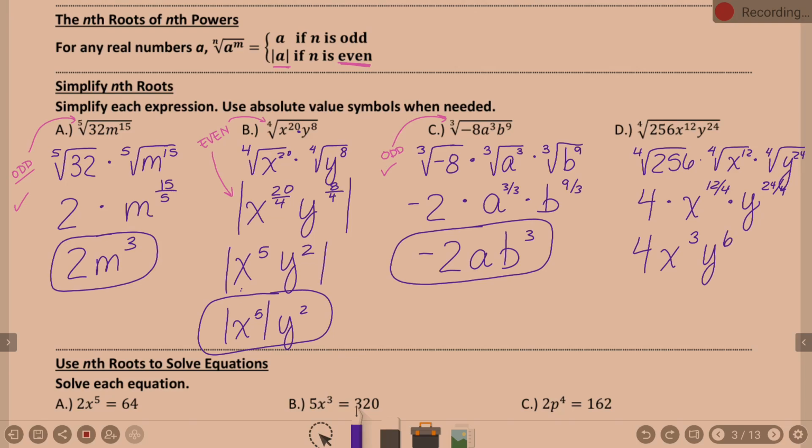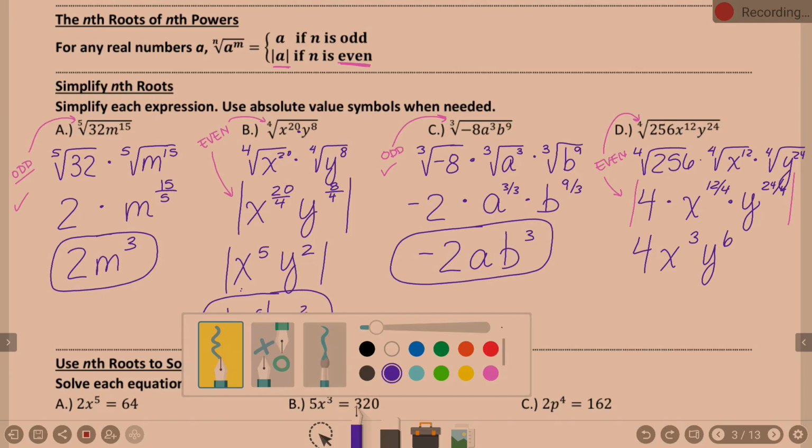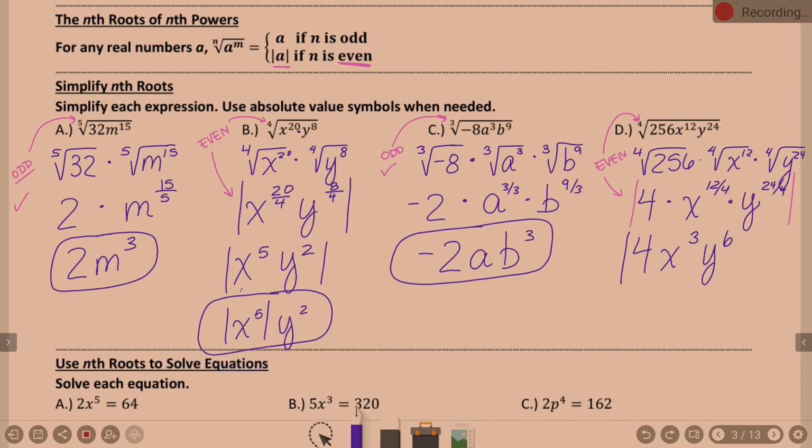Do I need to consider absolute value? Yeah. This was an even root. Because it's an even root, we're throwing on absolute value bars. Now, my style of teaching, I throw on the absolute value bars. And then I say, okay, where do I need the absolute value?